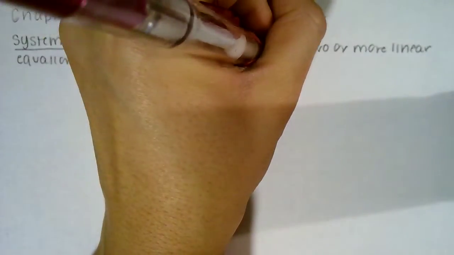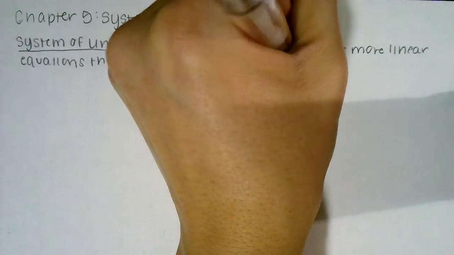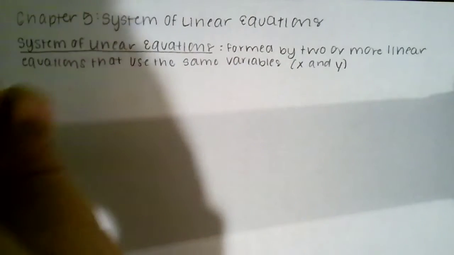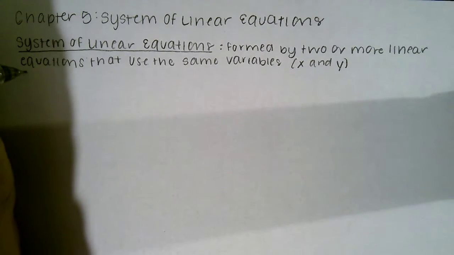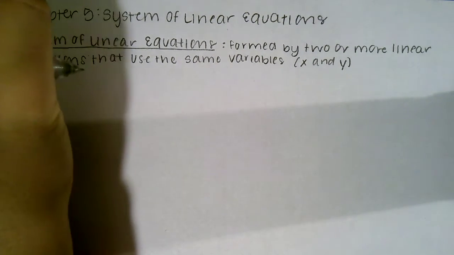So for example, the common variables that we use when writing an equation would be x and y. Okay, it does not have to be x and y, it could be a and b, but most of the time you'll see x and y. So what this tells us is that these equations are related.